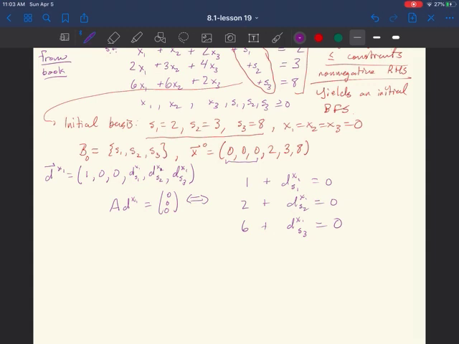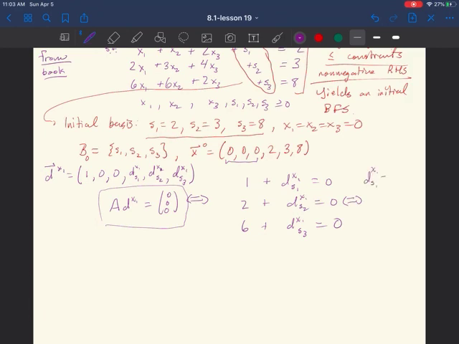Note that's just the x1 column because I've substituted in 1 for x1, and then the S1, S2, S3 from dx1 s1, dx1 s2, dx1 s3 substituted in respectively. It's equal to the 0, 0, 0 vector because regardless of the right-hand sides in the original equality constraints, I want this direction not to affect those constraints.